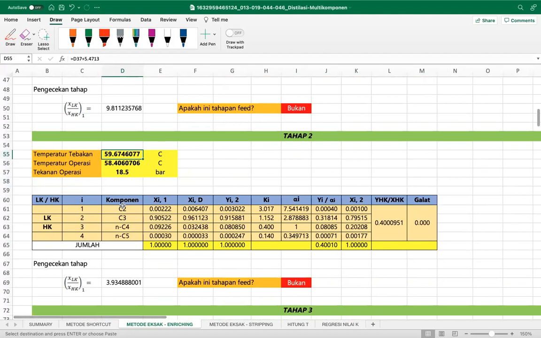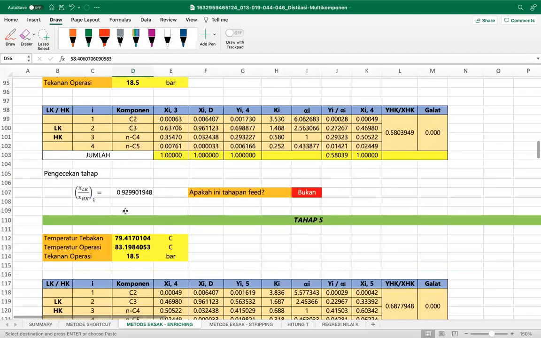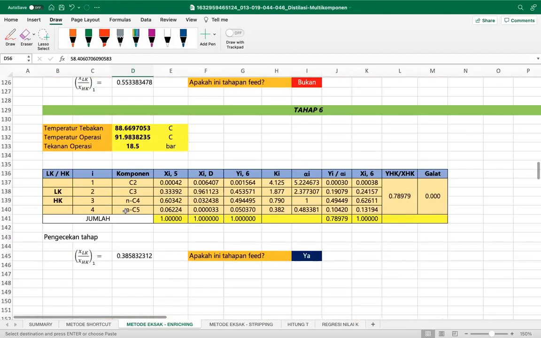So the initial guessing temperature is just to put it linearly like this, and then they got the real temperature around 58, and then you do all of them until you get the checking for the feed, which is less than 0.05, yeah, less than 0.5. So then this is the feed.